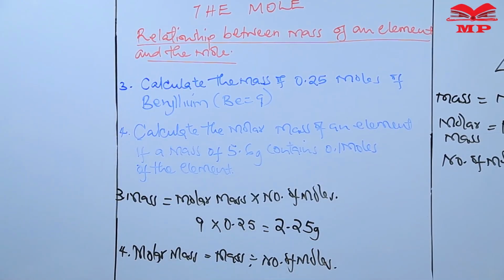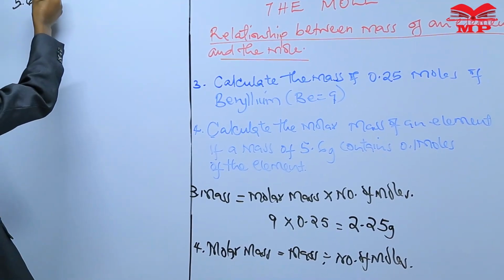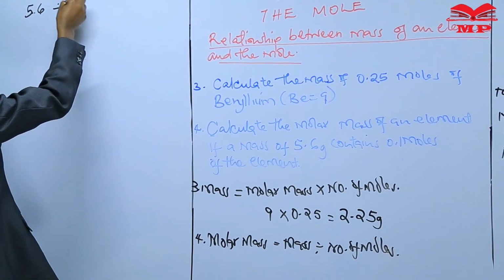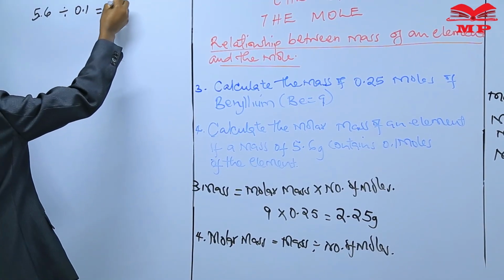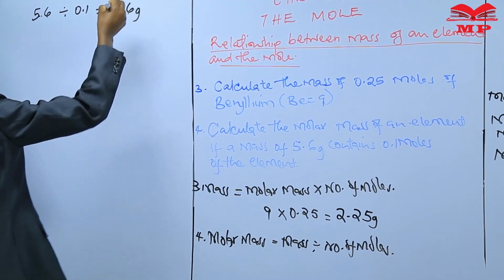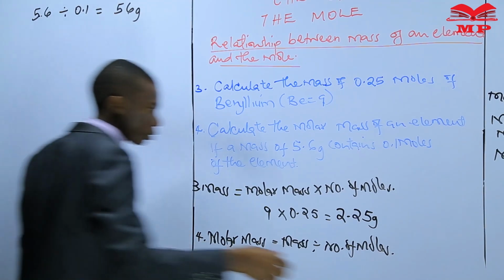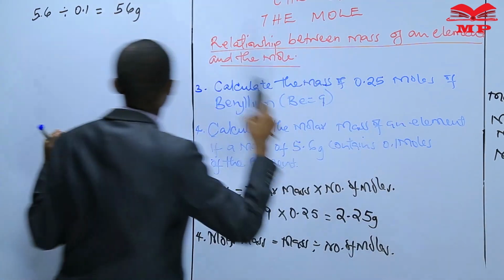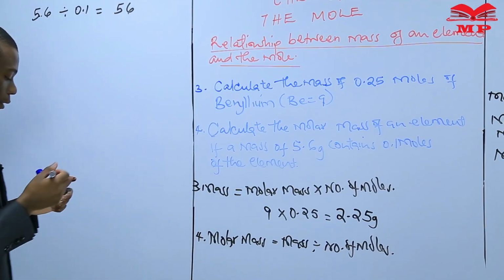The mass is 5.6. You divide by the number of moles, which are 0.1, and you'll get 56. The molar mass has no units, therefore don't include the units. The molar mass is 56.